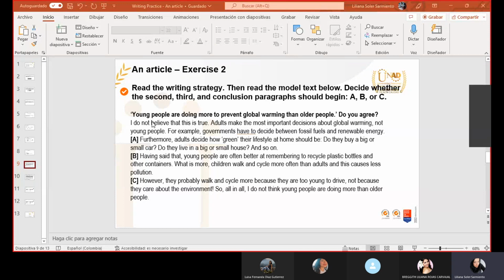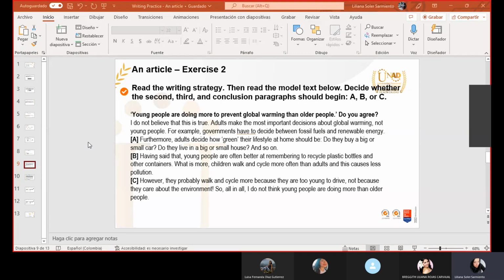Now we are going to try to organize the text in the correct order. For example, the introduction: young people are doing more to prevent global warming than older people. Do you agree? I don't believe that is true.